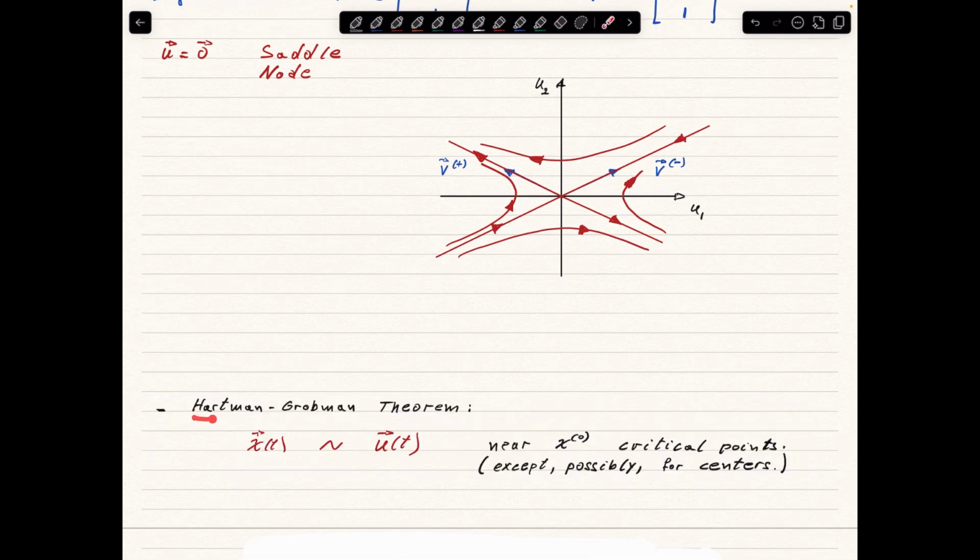So now we can use the Hartman-Grobman theorem on each of these linearizations, and the behavior of the solutions of the linearization is similar to the behavior of the solution of the nonlinear system near the critical point. So how do we use this result?